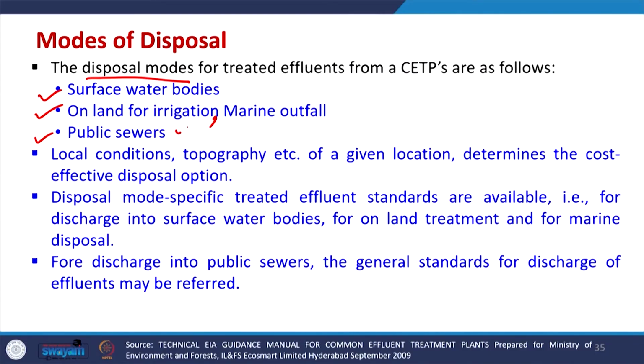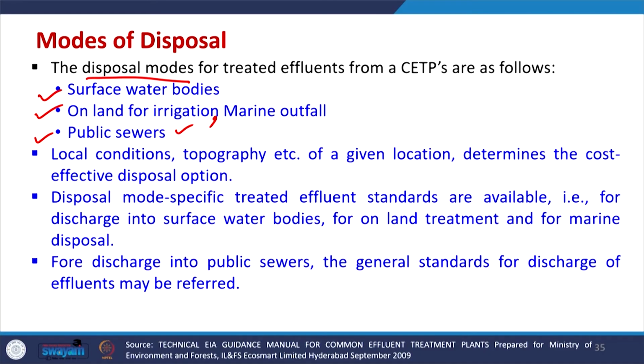Only a few industries are allowed surface water body discharge; otherwise they have to treat the water fully. Some industries are allowed to discharge if they are only generating sewage-like effluent, so they can discharge to the public sewers. Local conditions, topography, etc. of the location of that industry determine the cost effectiveness of the disposal option.